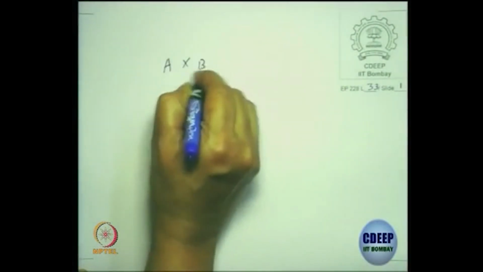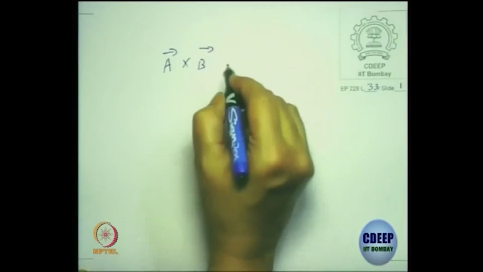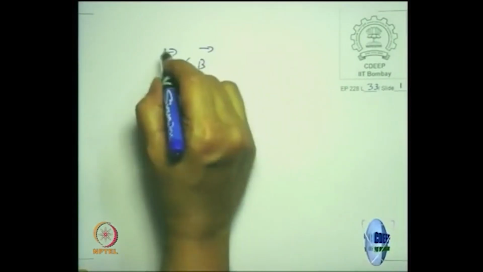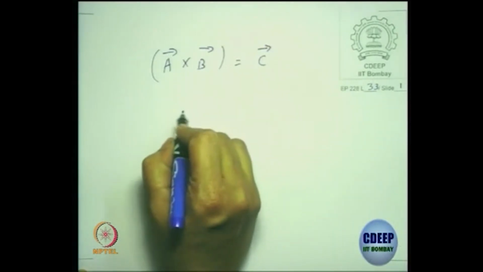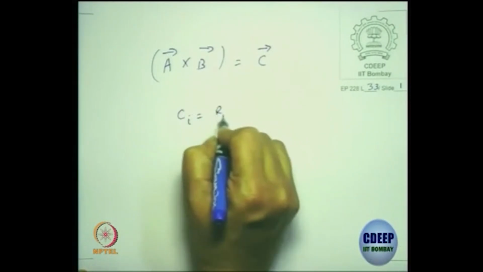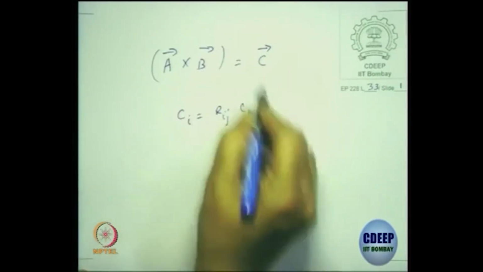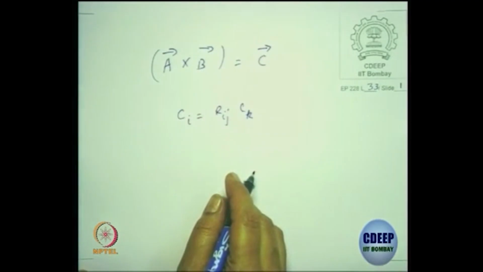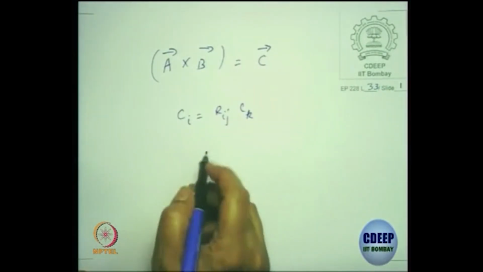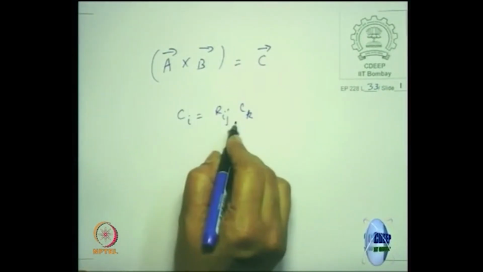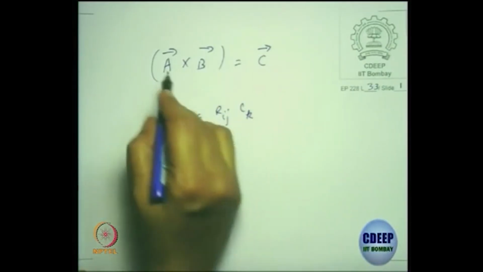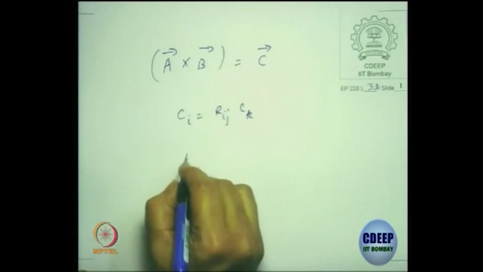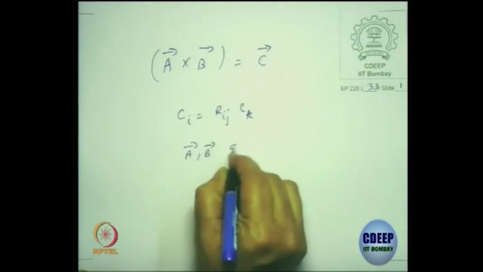So if you have A cross B under rotation, call this a new vector C. Under rotation, C_i will be R_ij C_j, where R_ij is the rotation matrix in classical mechanics. So this is also a vector under proper rotations. The only difference between A, B and C is that A and B are polar vectors.